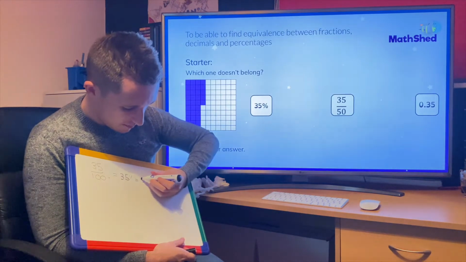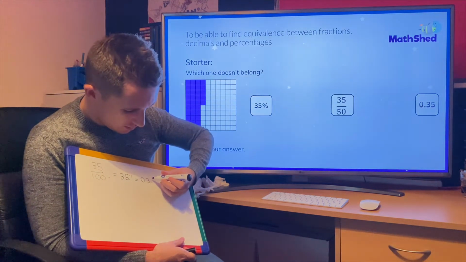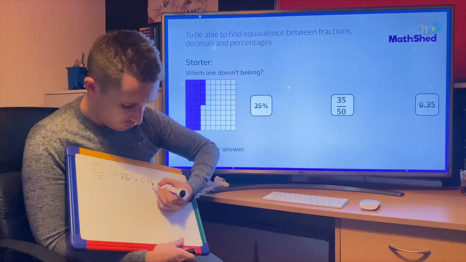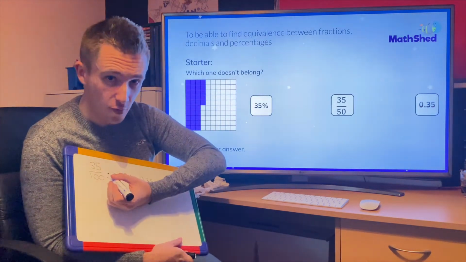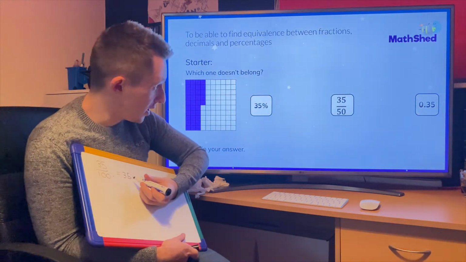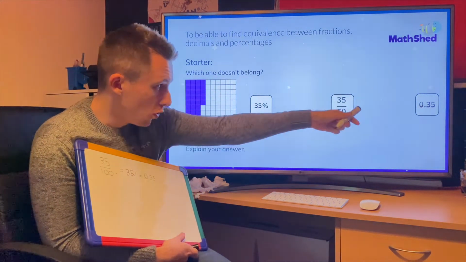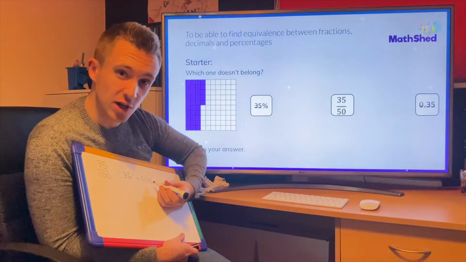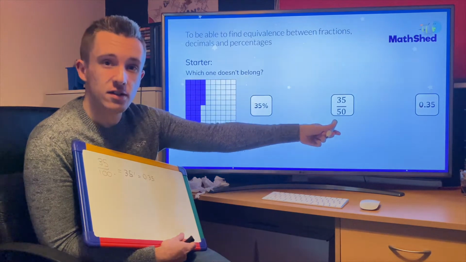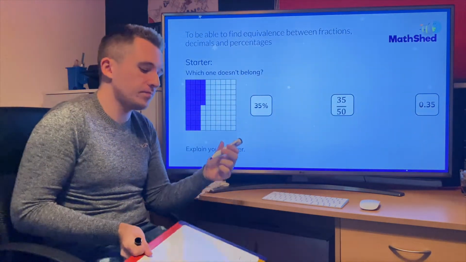And it'd be the same as 0.35. 0.35, 35%, 35 over 100. Okay, so 35%, well, that's here, so we know that's the same. 0.35, that's here, so we know that's the same. So this one here, 35 over 50, is the odd one out.